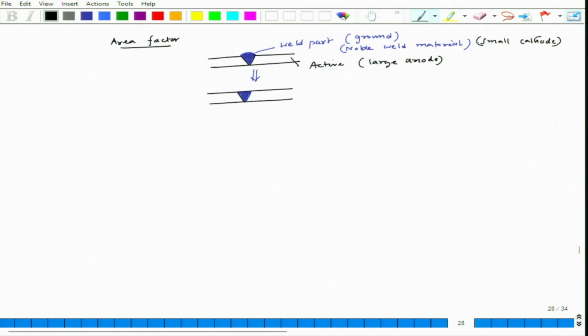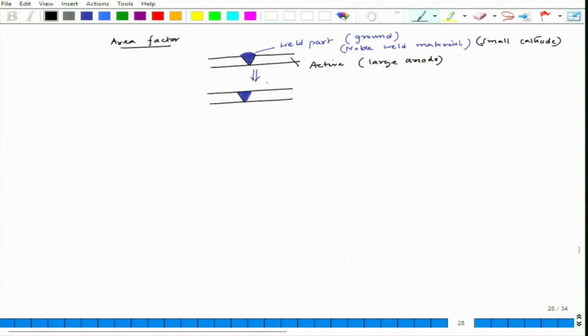So the corrosion effect of the active component would be less. And when you grind it, that means when you try to fix it in a component, there will be matching surfaces. So there will not be much play between the two adjoining surfaces. Let us say this particular surface you are trying to match with another surface. If we have a little hump over it, then definitely it will lead to a mismatched surface. Okay. So that's why the grinding would make it better.